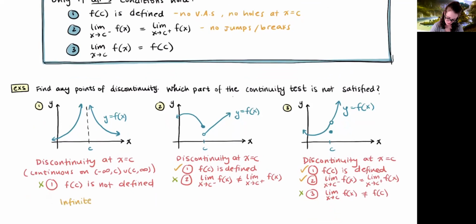So we would classify this first discontinuity as an infinite discontinuity. Just looking at the first graph, we could call that an infinite discontinuity for obvious reasons, right? It just goes up to infinity. There's no point there. In the second graph, some people will call this a jump discontinuity.